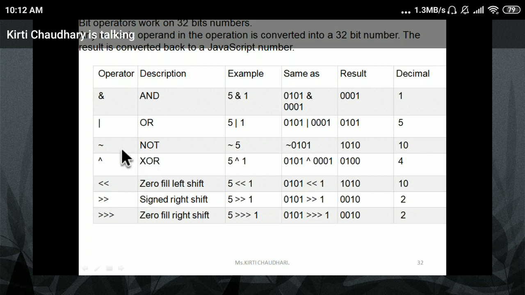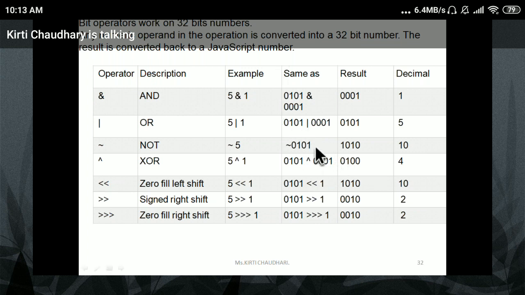Next one, NOT, tilde sign, 5. Your input is 0101. So 0 is converted into 1 and 1 is converted to 0.